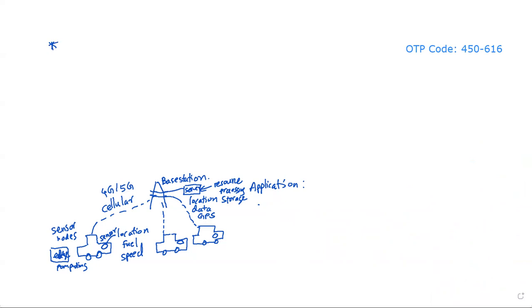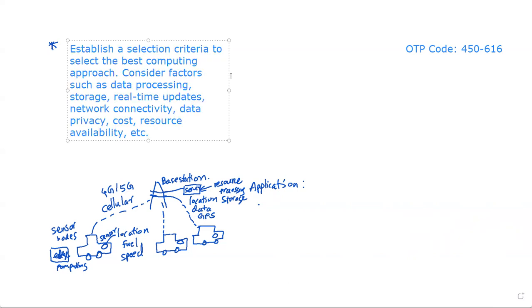We can consider factors such as data processing, storage, real-time updates, network connectivity, data privacy, cost, resource availability, etc. So based on those factors, we can create a set of criteria for our IoT network, right?